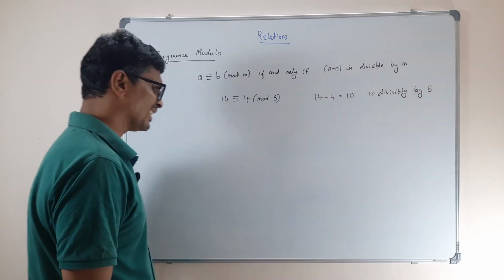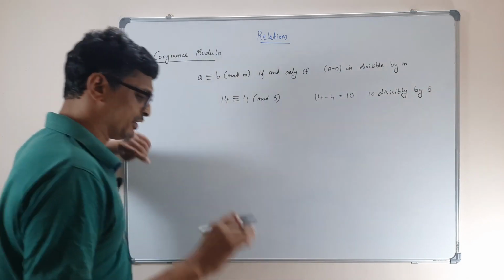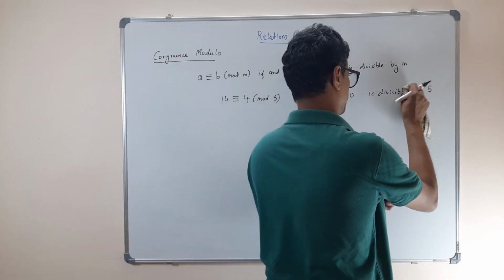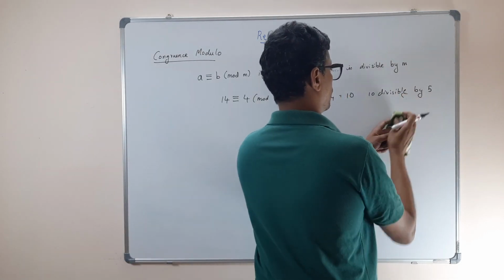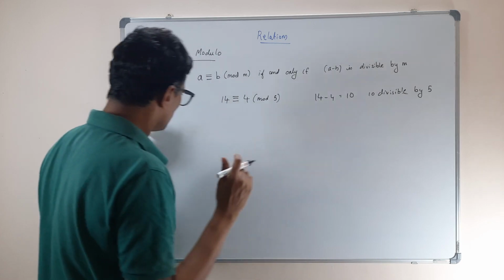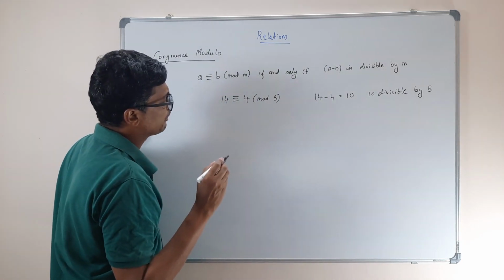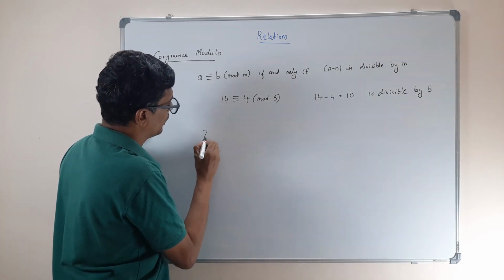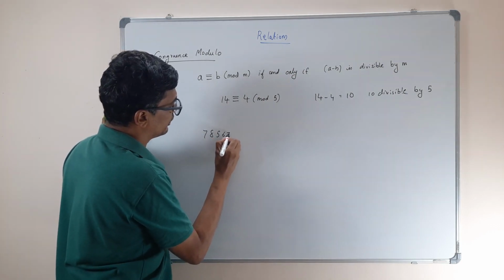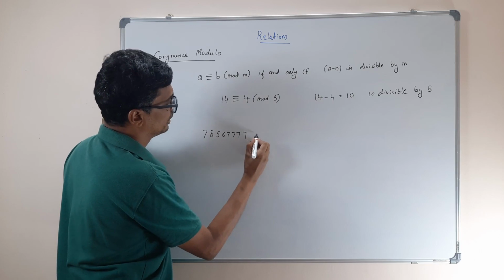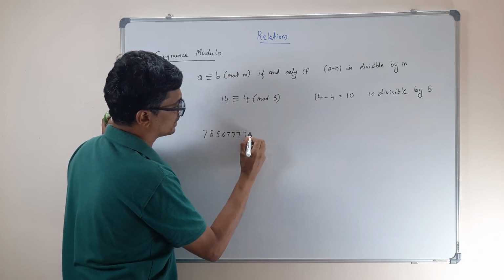Sometimes, suppose I give you a very big number, something like 78567777778.